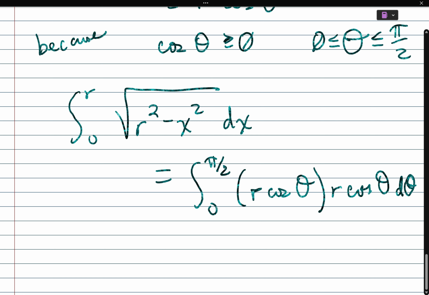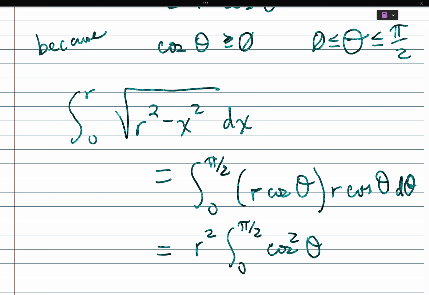Okay, so now if we take it further, we'll have r squared to pull out, integral from 0 to pi over 2 of cosine squared theta, right? Just from the multiplication of the line above, and then pulling out the r squared as a coefficient. And this is with respect to theta.